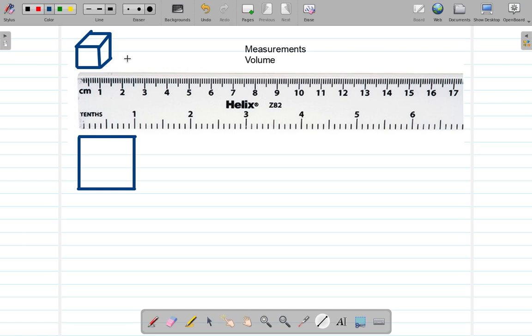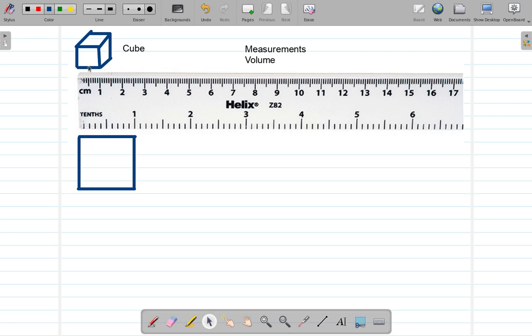Since each side is the same in length, we say this is a cube. The amount of space that it takes up is called the volume. So the volume is basically how much space is taken up by an object.